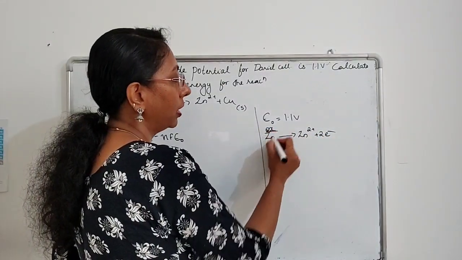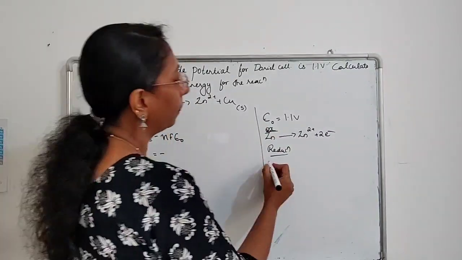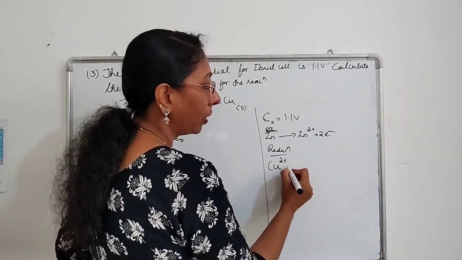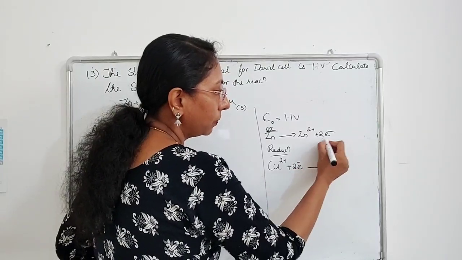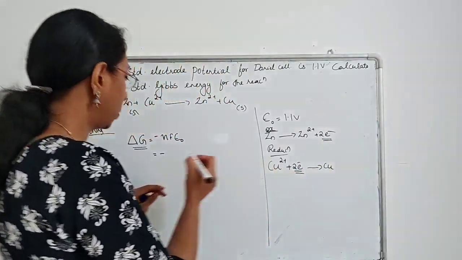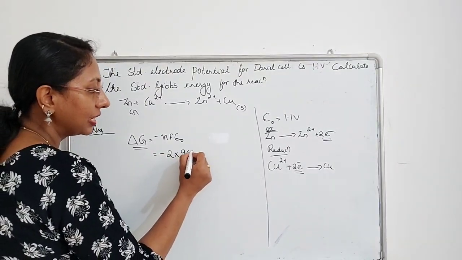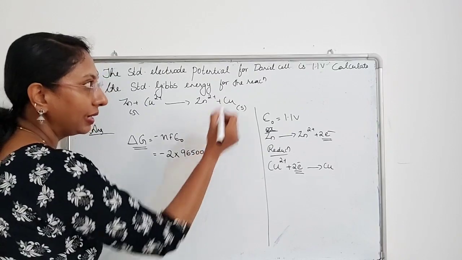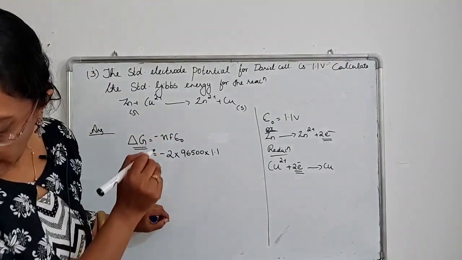So this is the oxidation. Who has undergone reduction? Cu2+. It will gain 2 electrons and convert into Cu. So N is equal to 2. Faraday is 96500 and E0 they have already given us as 1.1.